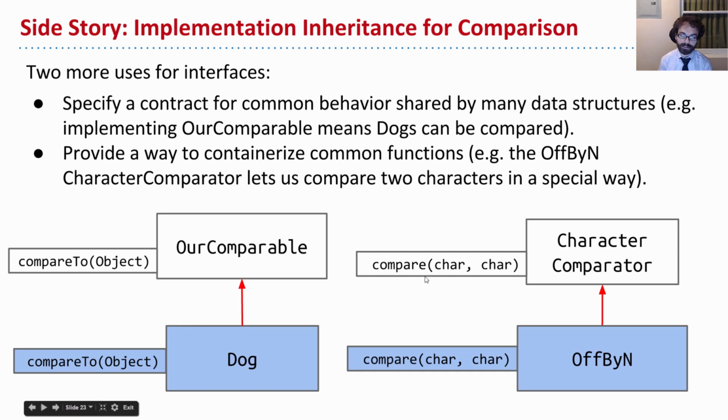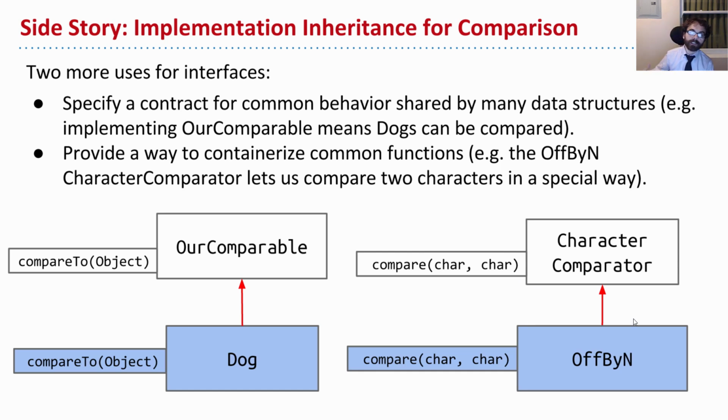And we also saw, as another side, that we can use interfaces as a way to do a crude version of what might be called a higher order function in Python. In older school Java, before Java 8, the only way you could really do something like compare two characters in a special customized way would be to create an interface that says, all right, this is a character comparator. You can compare characters, and then you can make your own implementations.